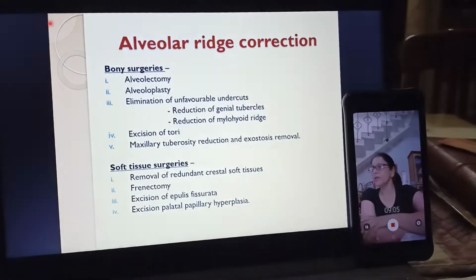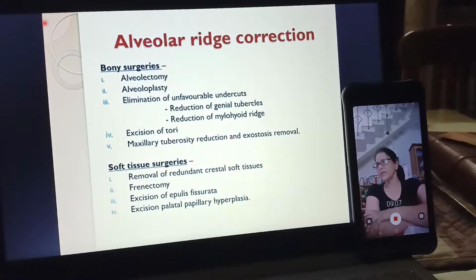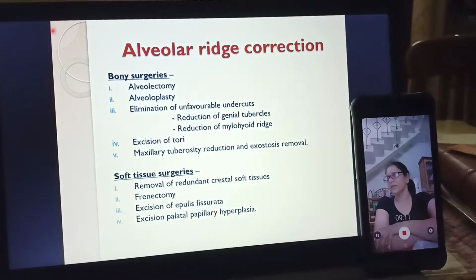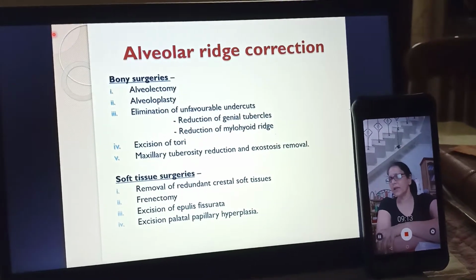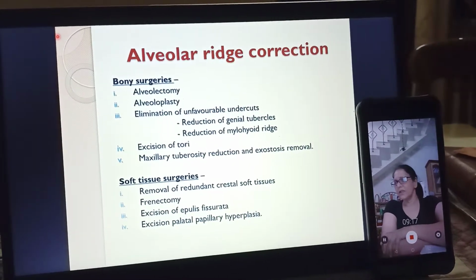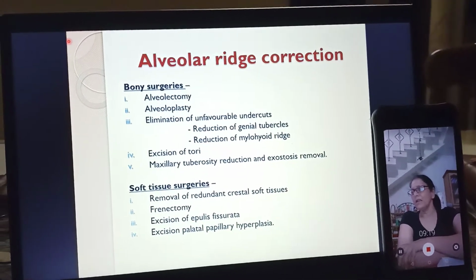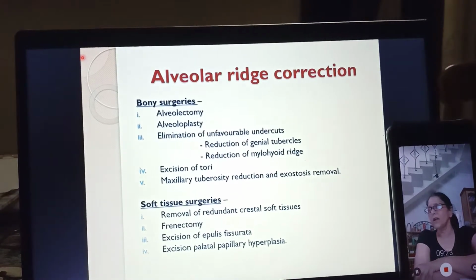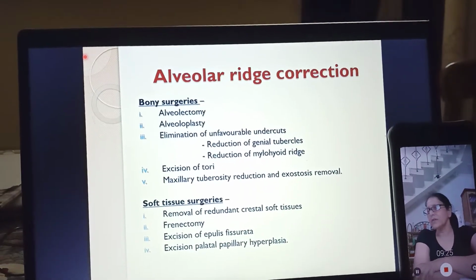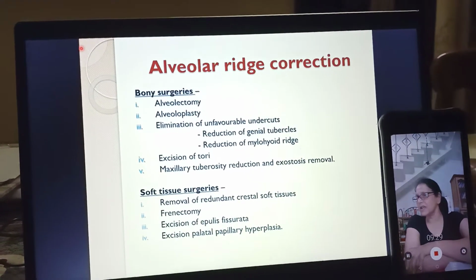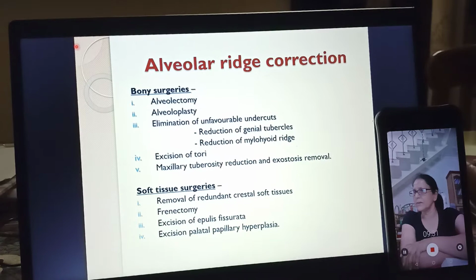So now coming to the first type of procedures, that is the procedures which are directed towards the alveolar ridge correction. So basic idea of these procedures is to remove any hard tissue or soft tissue hindrances from the alveolar ridge. So these are either bony procedures or procedures which are carried out on the soft tissues.